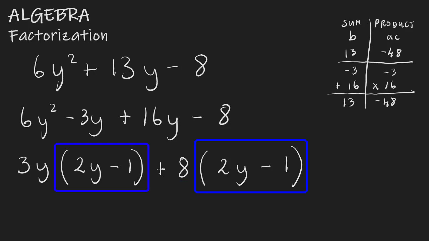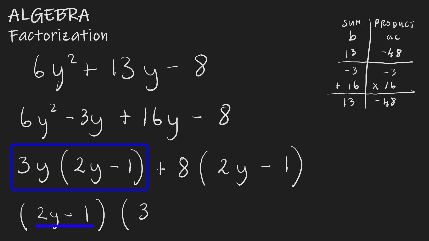I notice that I have 2y minus 1 as a common factor in both terms, so I can factor it out. 2y minus 1. I now find the complementary factor for each term. What can I multiply by 2y minus 1 to give me 3y times 2y minus 1, or 2y minus 1 into 3y times 2y minus 1?